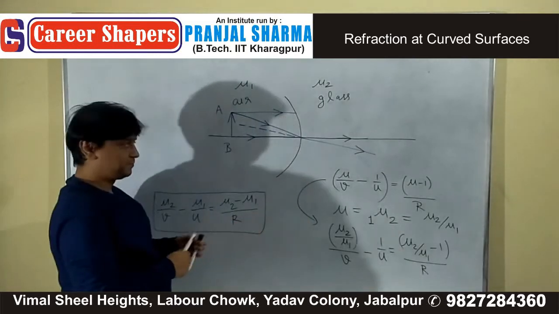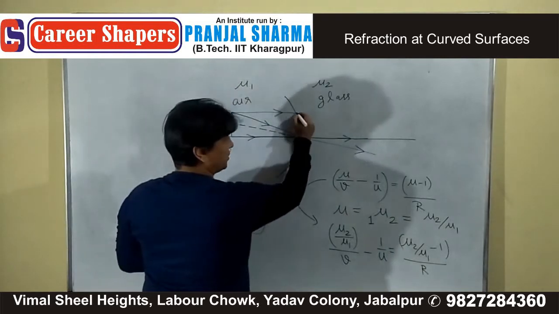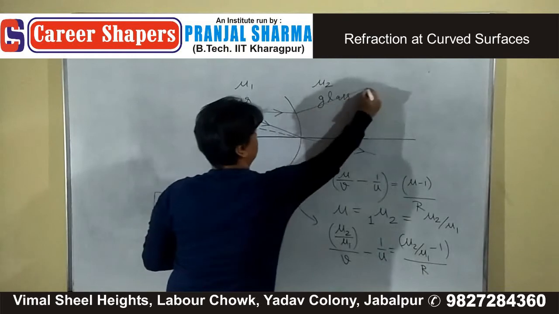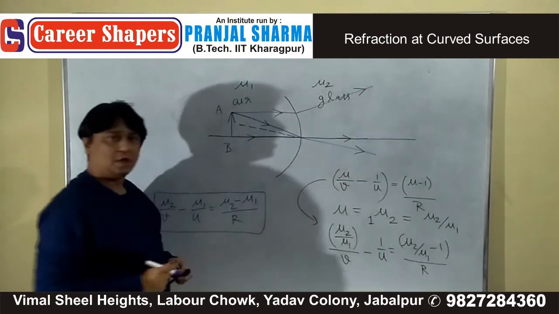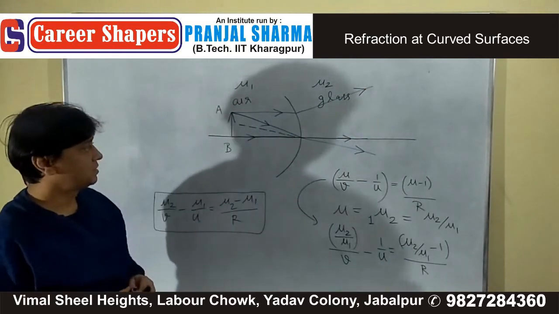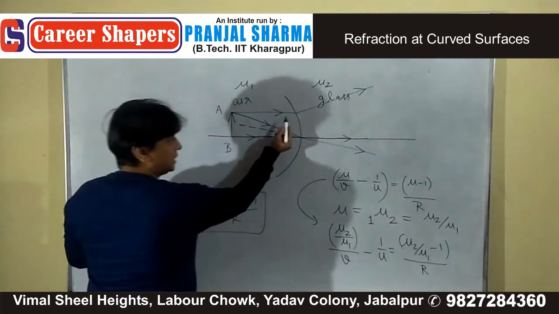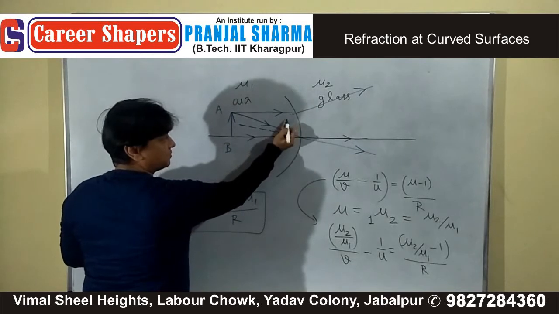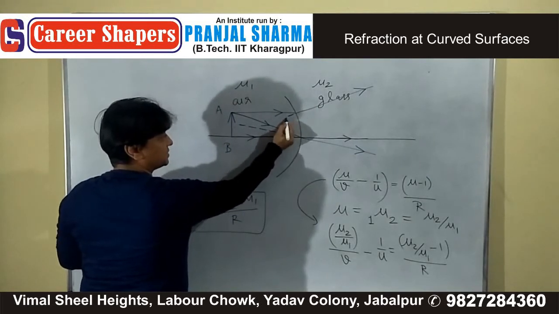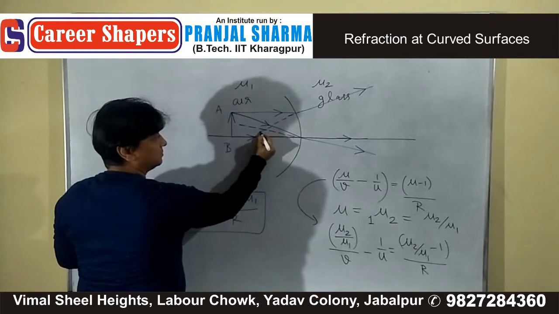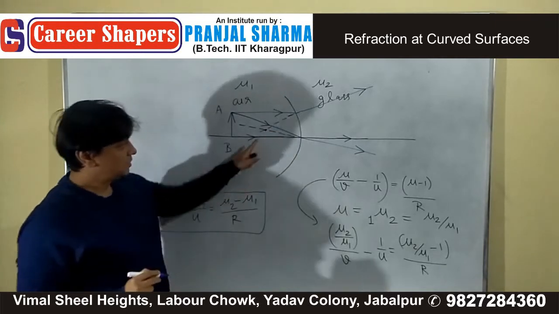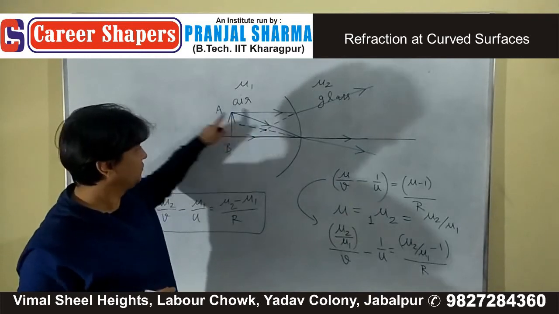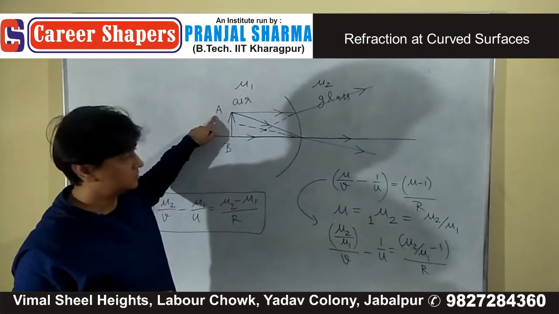And therefore, the refracted ray from this point will move like this. Now, the intersection of this with this takes place somewhere here. This is the point where the image of A forms.